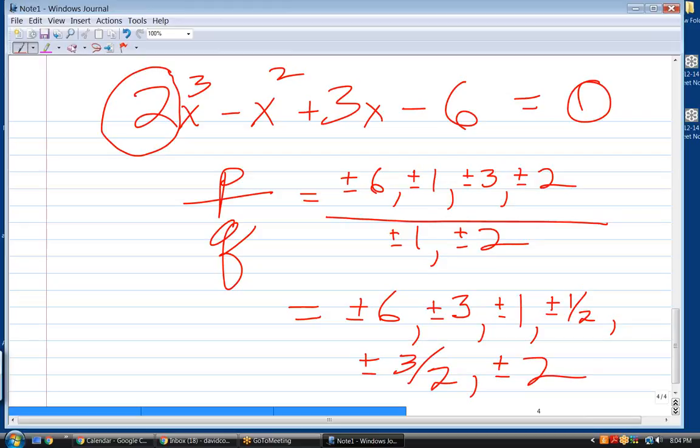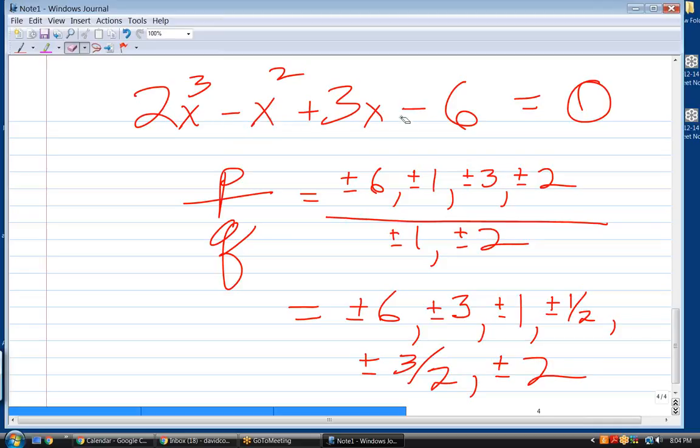In other words, if there's a rational 0 here, and there figures to be, because we figure to have 3 solutions, right? If one of them is imaginary, there has to be 2, because they only come in pairs, which leaves a third solution.